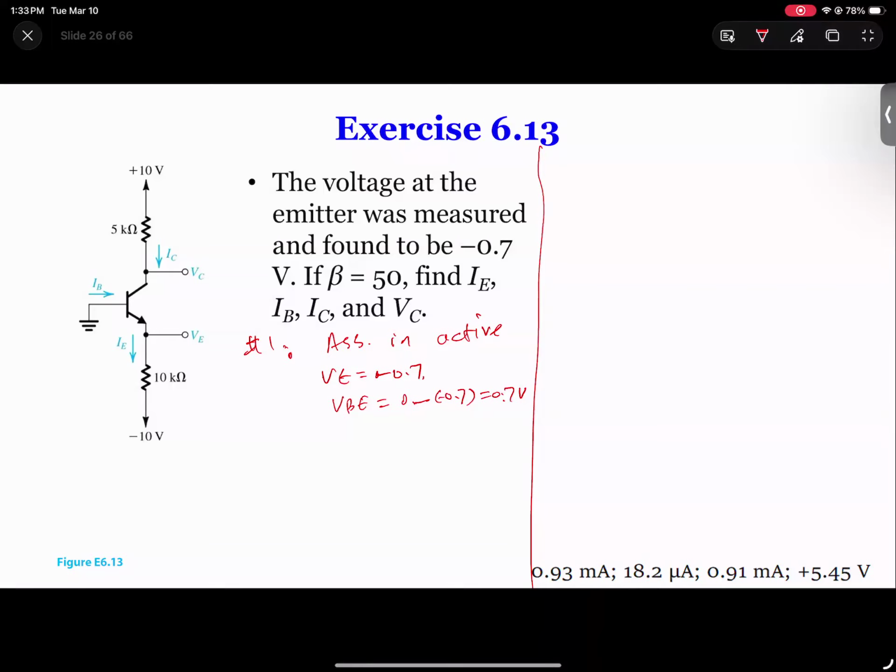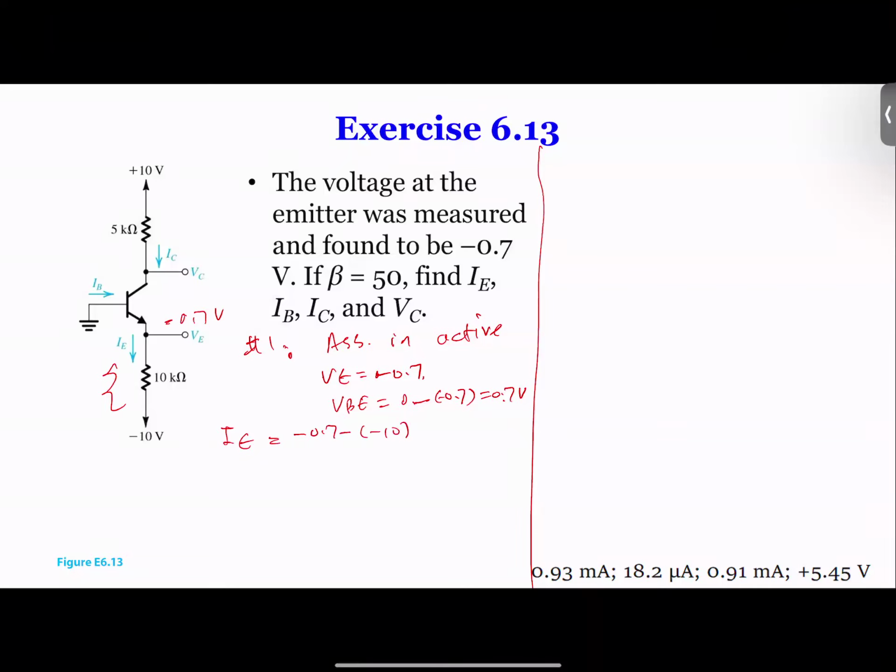If this is 0.7 volts, we can calculate IE, because we basically already know the voltage from VE to minus 10. So IE is minus 0.7 minus 10 divided by the resistance in kilo ohms. That gives you 0.93 milliamps. Once you find IE, we can find IC.